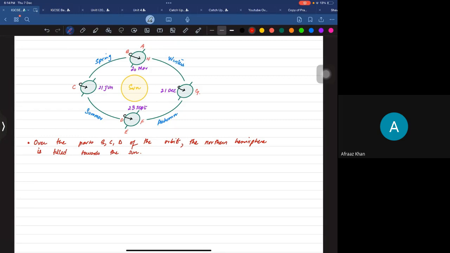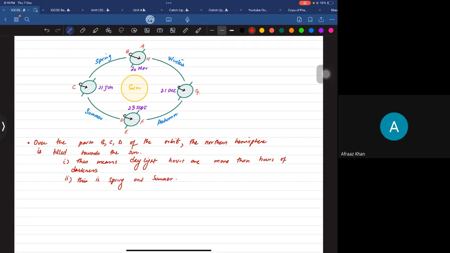So maybe better, maybe worse. Okay, so it's tilted towards the sun. So first of all, remember that this means daylight hours are more than hours of darkness. And this is spring and summer.